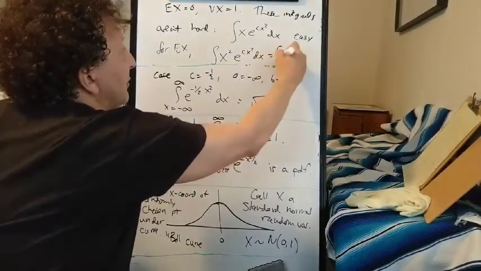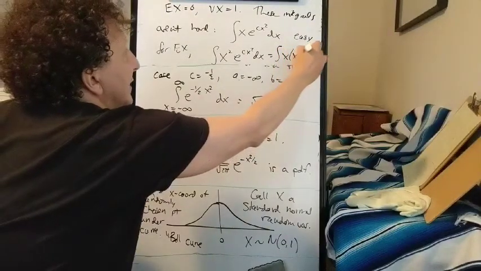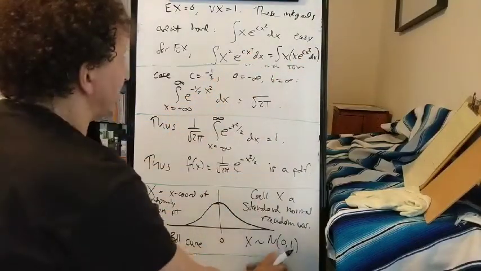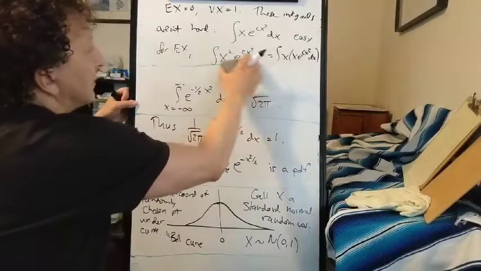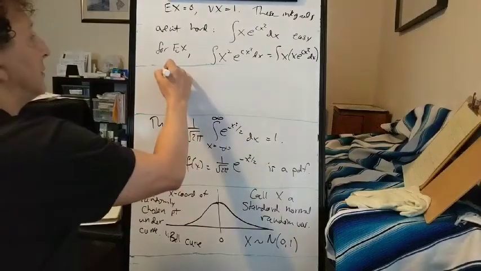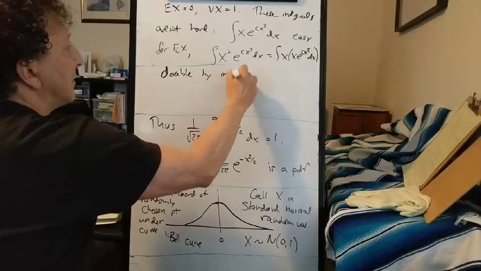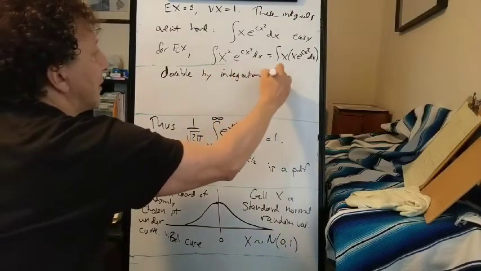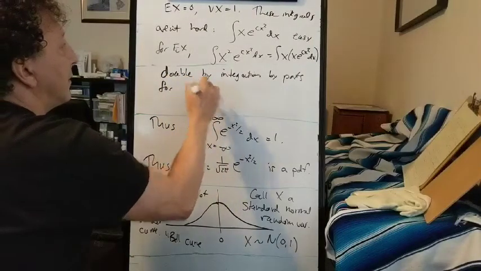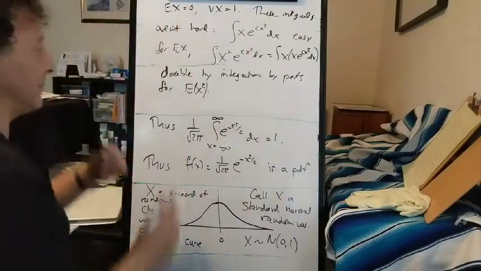Not super easy, but if we write it as x times x e to the c x squared dx, then we can do this by integration by parts. So we can do those integrals and get the expected value and variance.